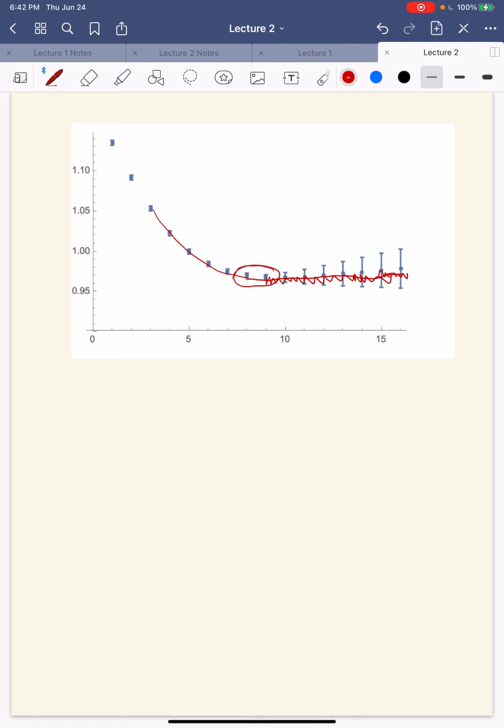Because if you add more and more late time data that has these big error bars, it really does nothing to your fit at all. The fit and the error will be largely dominated by these early precise results. And so you can be fooled if you have noisy data.